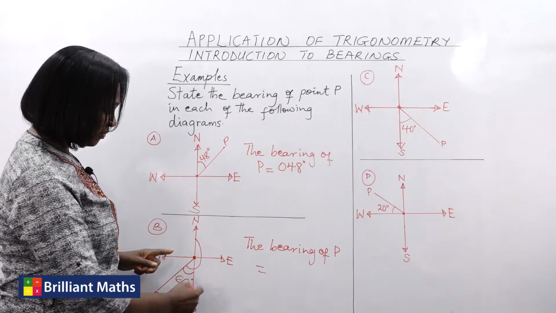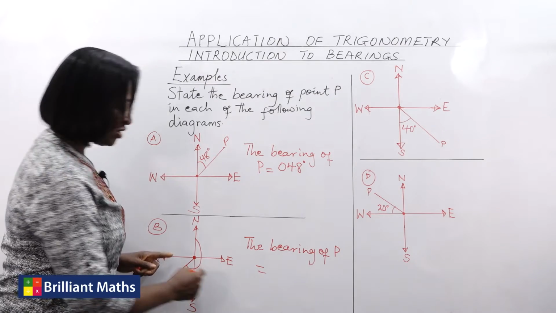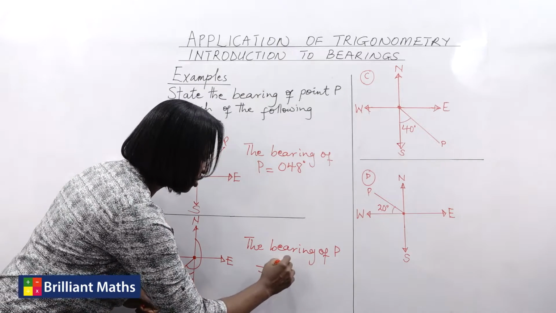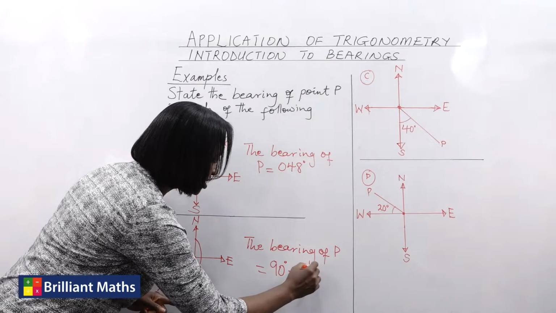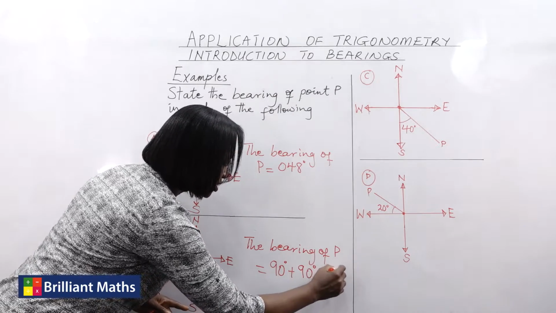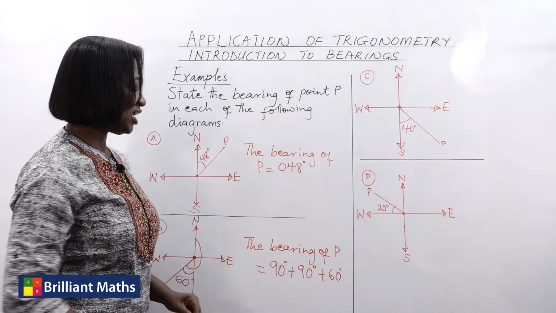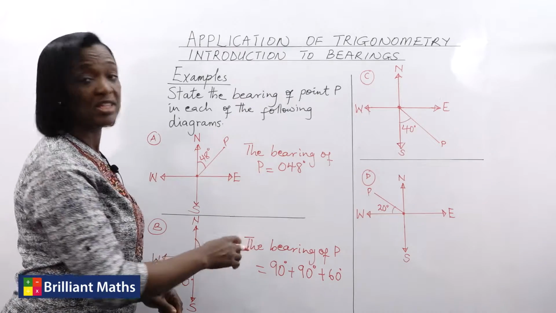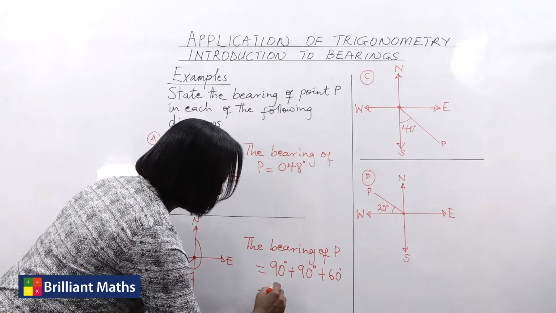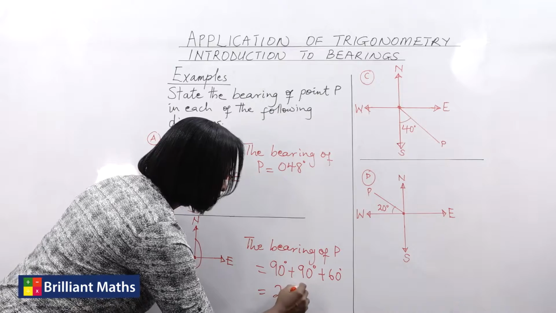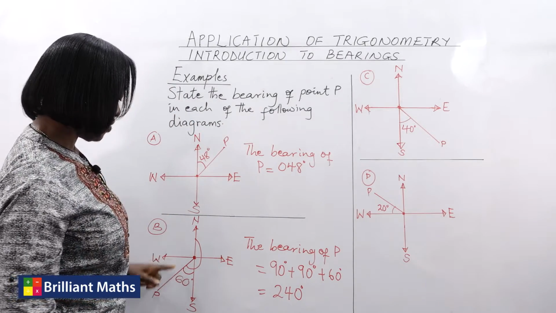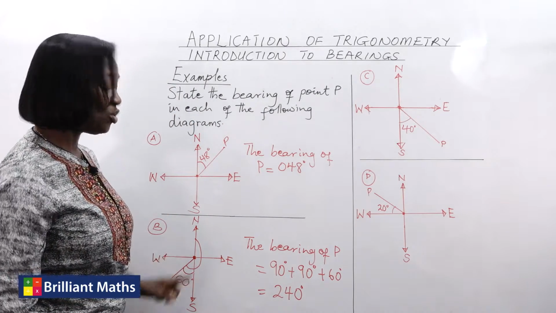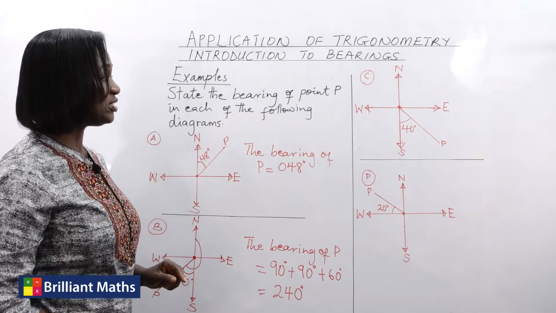So 90 degrees plus 90 degrees plus 60 degrees. 90 plus 90 is 180, and 180 plus 60 will give you 240 degrees. So the bearing of point P in this diagram is 240 degrees.